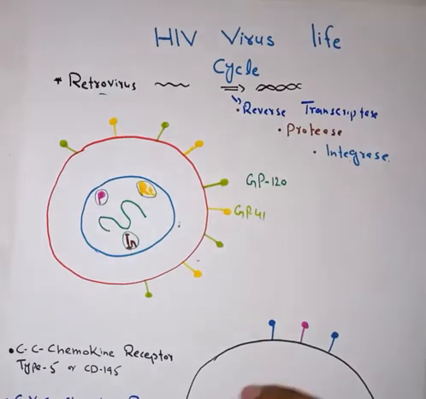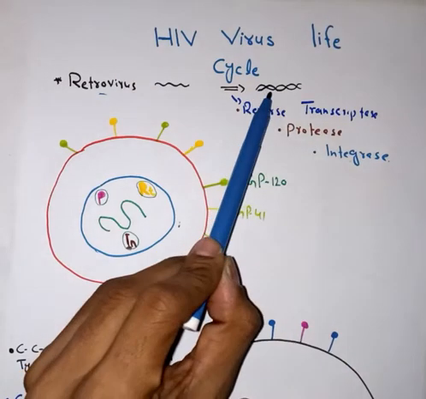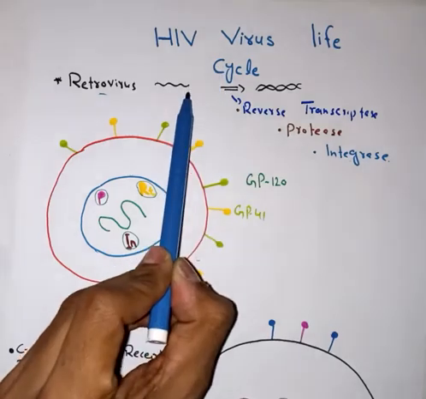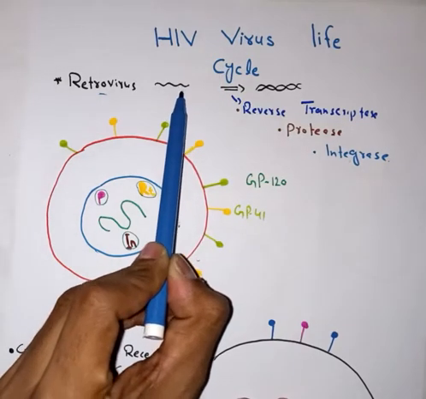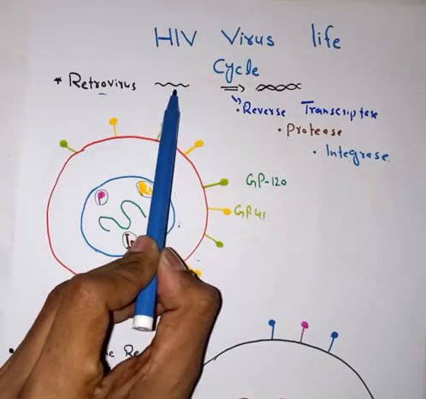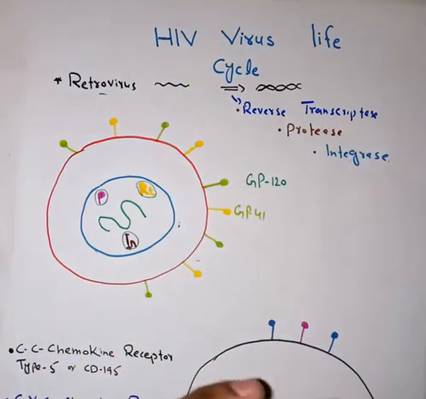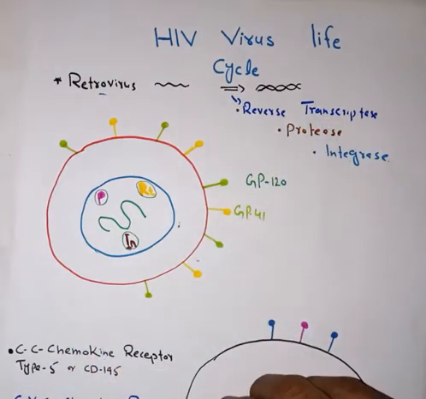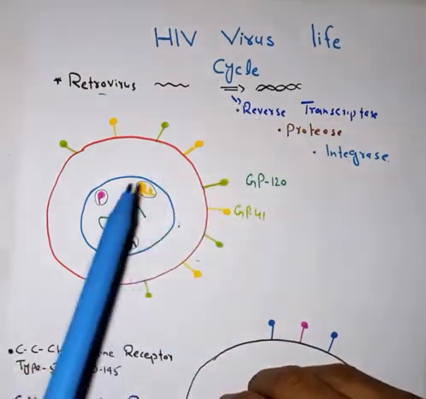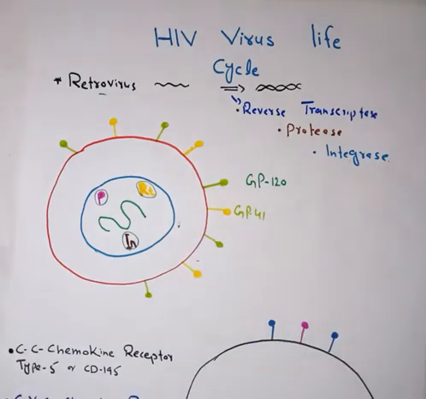We know that the process of conversion of DNA into RNA is called as transcription. But in this case, RNA is going to be converted into double-stranded DNA. So this is basically reverse transcription. So obviously we need reverse transcriptase enzyme, and that enzyme will be present inside the virus.